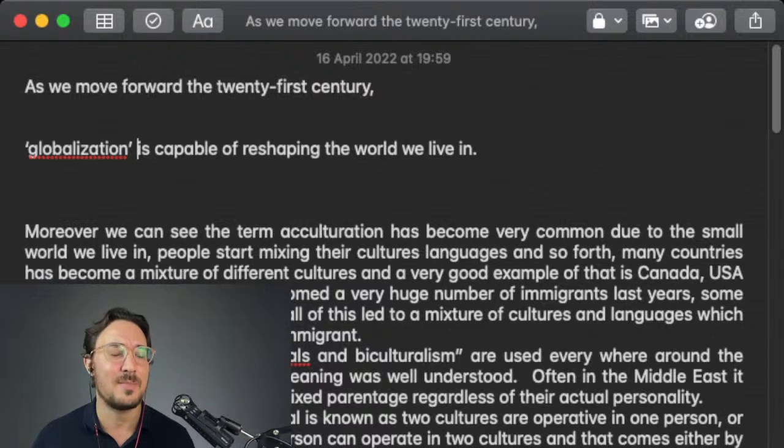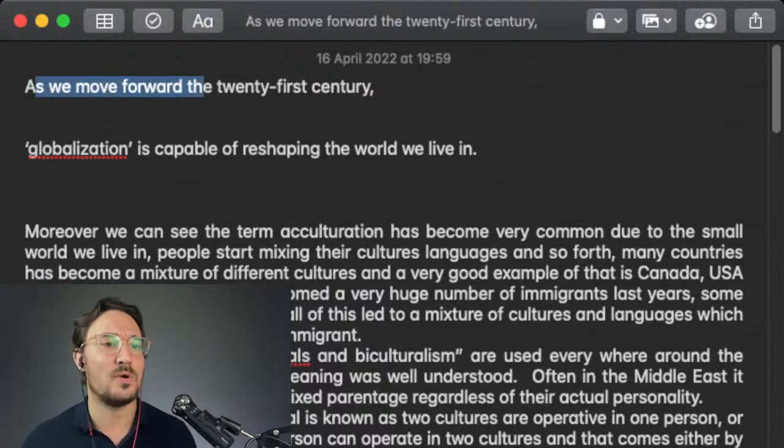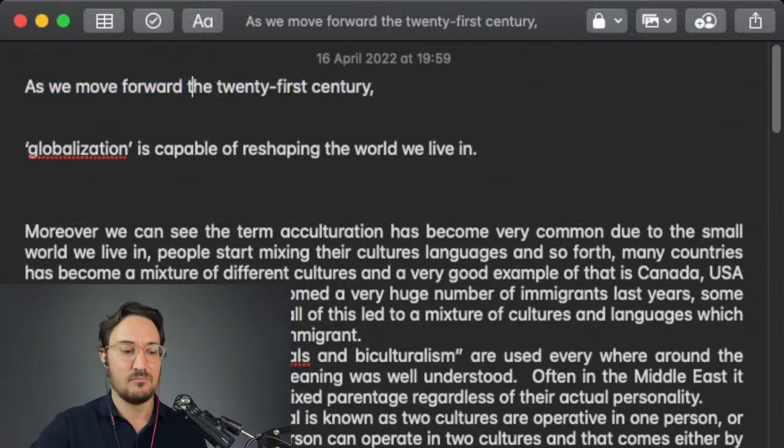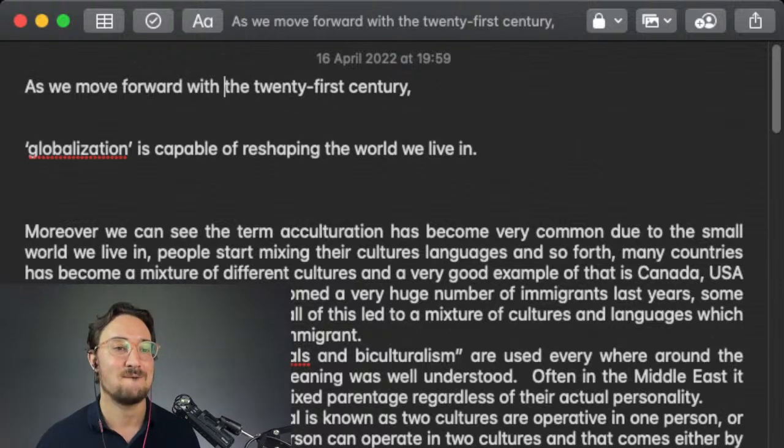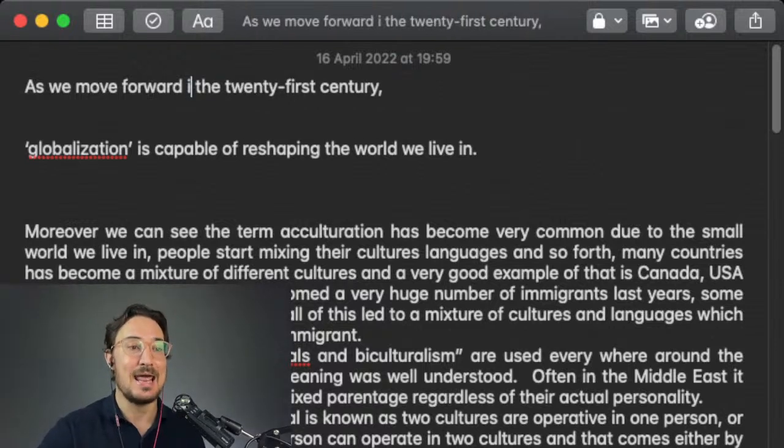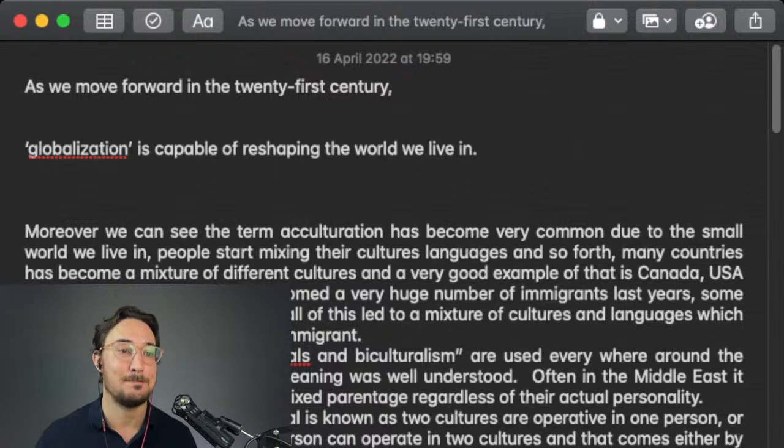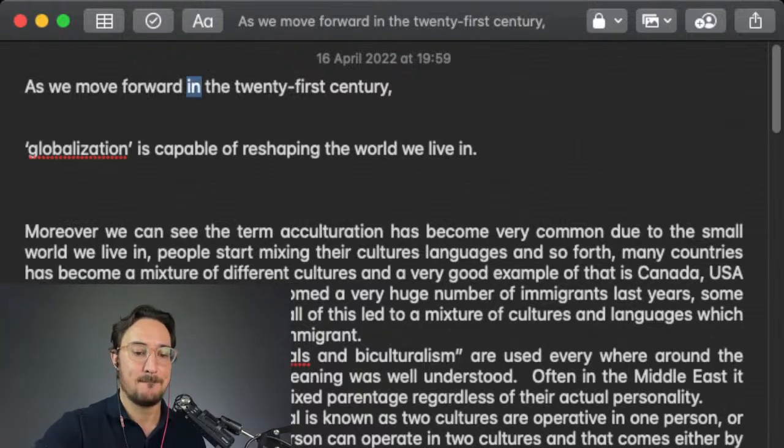And no one's answered my question, but as we move forward the 21st century, I would say as we move forward with the 21st century, or maybe as we move forward in the 21st century. Okay, but I prefer with, actually.